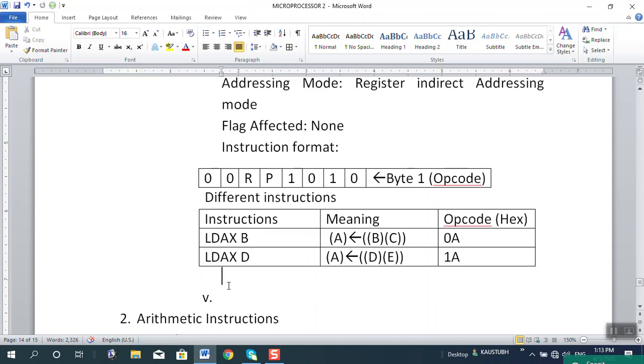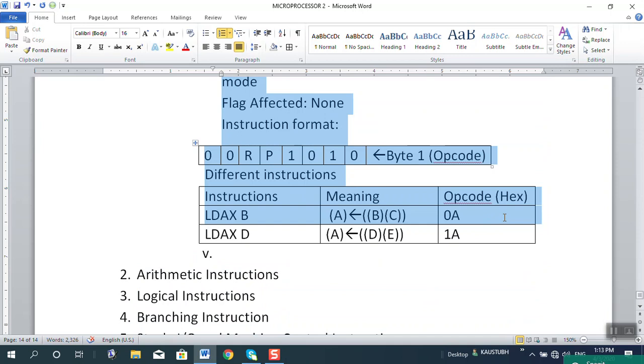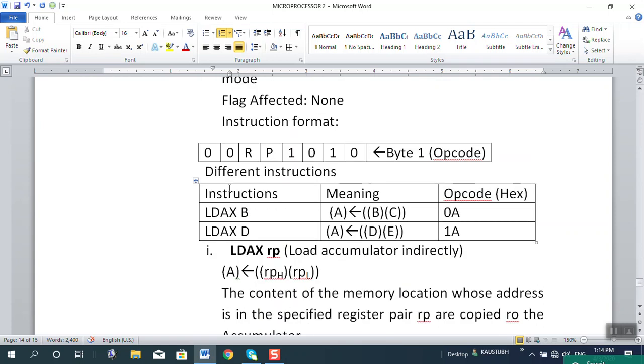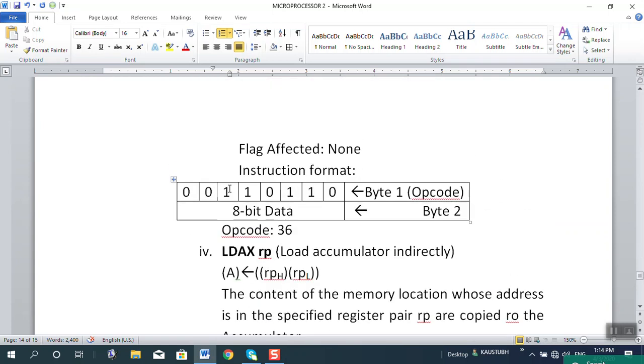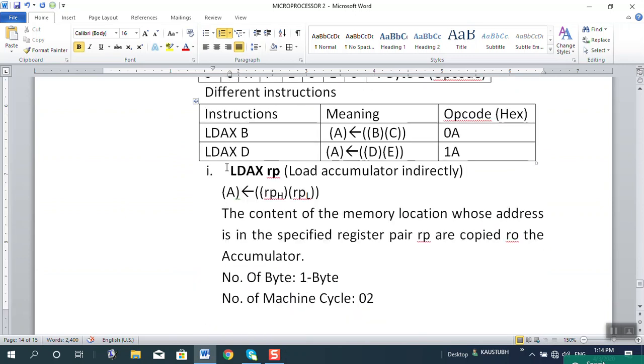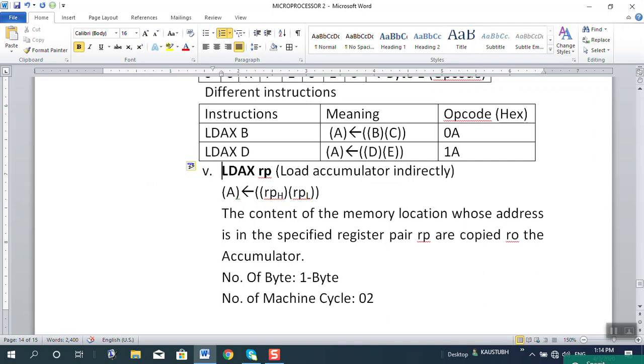Okay, next is just the opposite of this. That is STAX. So it is something like STA.